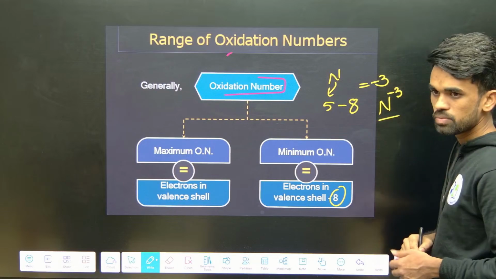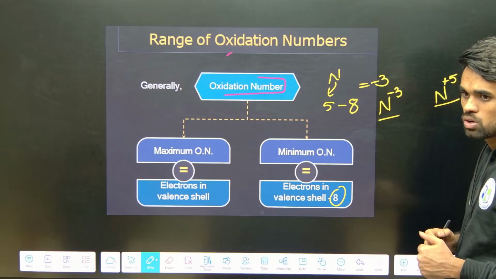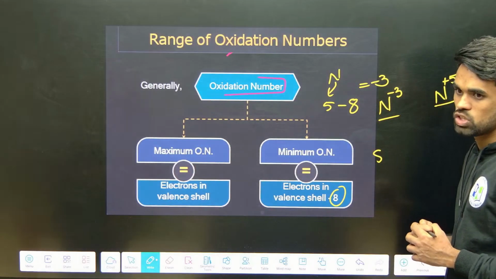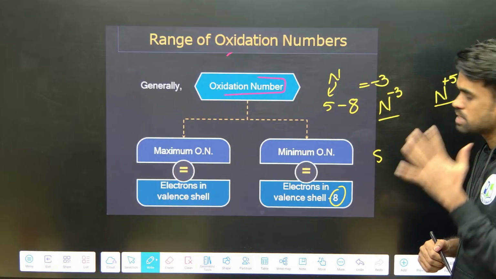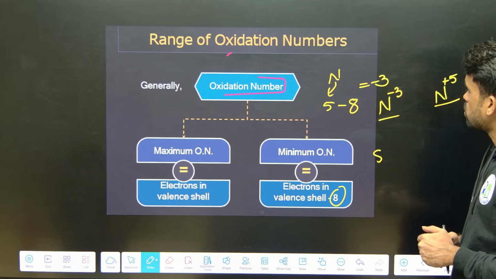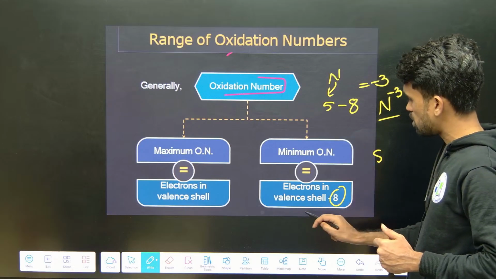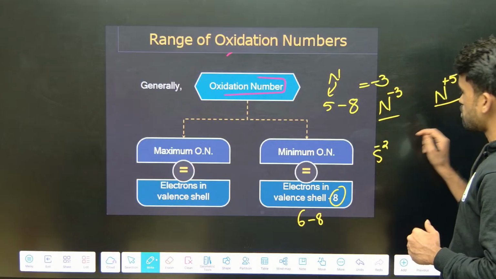Similarly, if I ask for sulfur, sulfur is in the 16th group, the oxygen family, with valence electronic configuration ns2 np4. So 6 electrons are there, which means the minimum oxidation state possible is 6 minus 8, so minus 2. And what is the maximum possible?